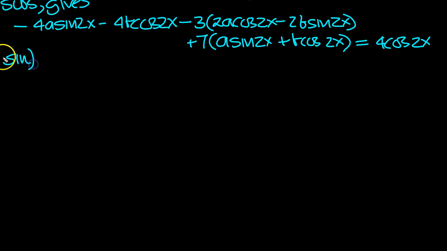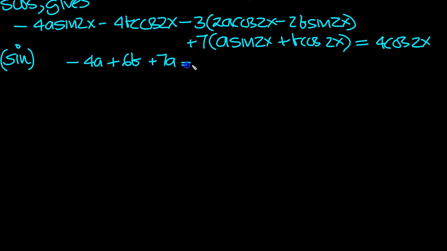So let's do it for the sines first of all then. So here we've got minus 4a. So that's that one done. And then we've got a sine here. So expand the bracket, we'll get plus 6b. So that's the second term. And then the third term here on the left, we get plus 7a from that term there.